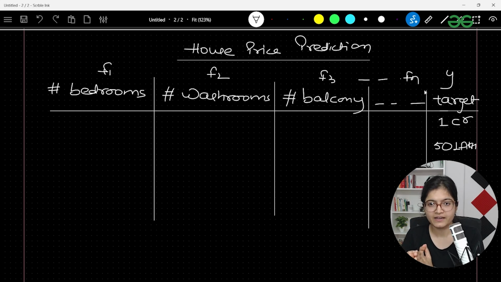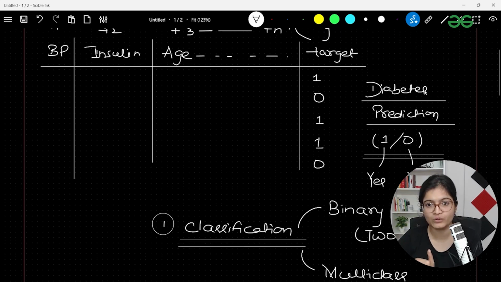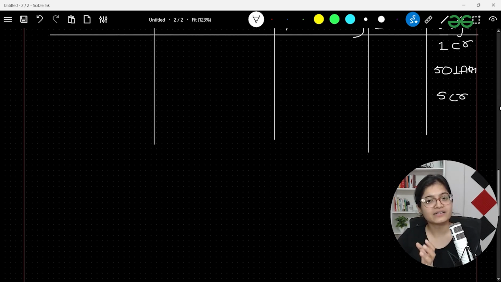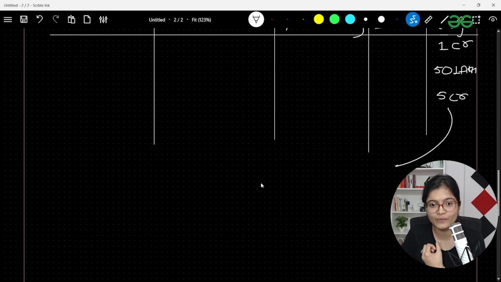Now, in this case, we don't have classes as such. In the previous example of diabetes prediction, we have separate classes like 0, 1, and so on. But in this case, our answers are not classes. Our answers are continuous numbers, continuous real values, if you observe.